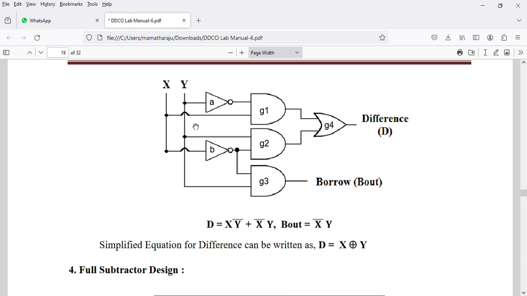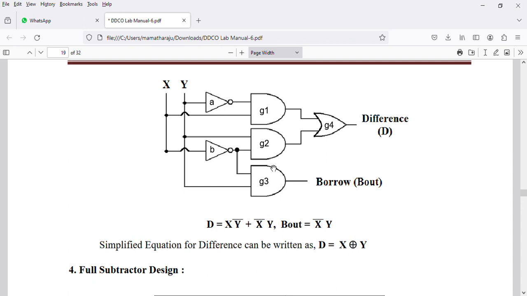From X, we take one input to gate 1, and Y is taken to gate 1 through a NOT gate, which makes this input Y bar, and this input from X goes as it is. The output comes out of G1 as X Y bar.